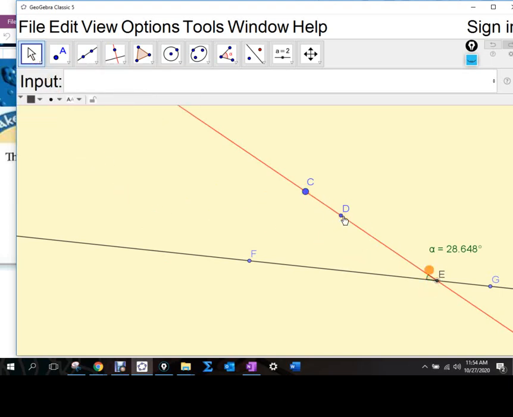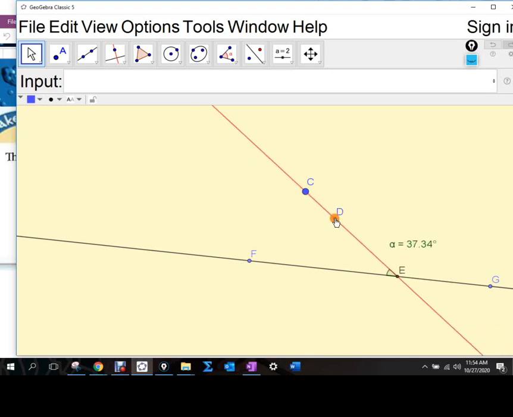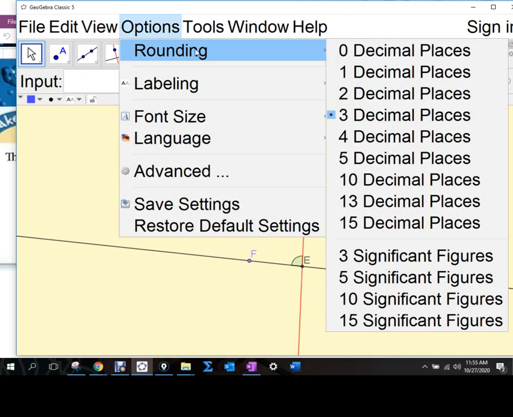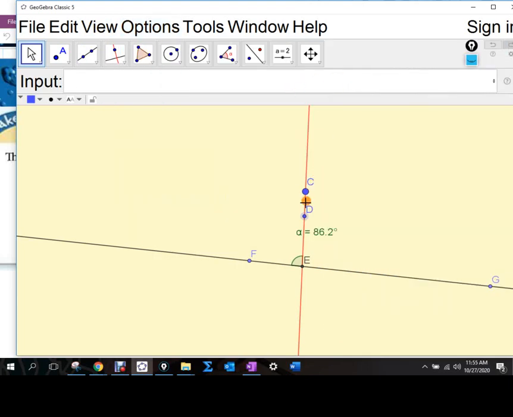So if I choose maybe one of these lines, what's happening to that angle now? It's getting bigger, okay? And eventually it's going to get to 90. And now as it gets to 90, and I'll make it easier, we'll change the rounding here to 1 decimal place. As it gets to 90, what's it continue to do after 90? It's bigger and bigger, right?